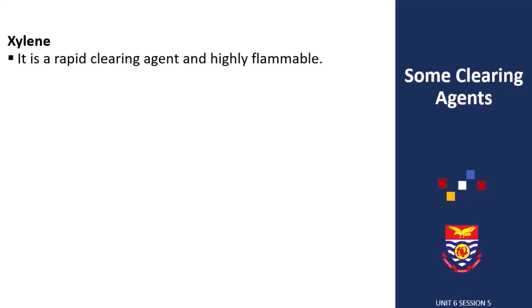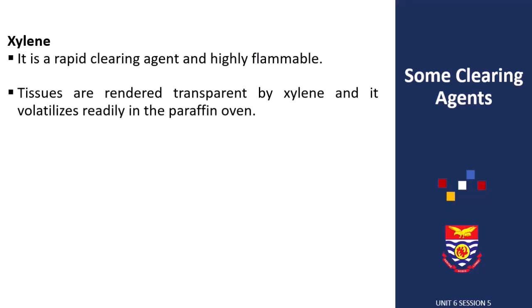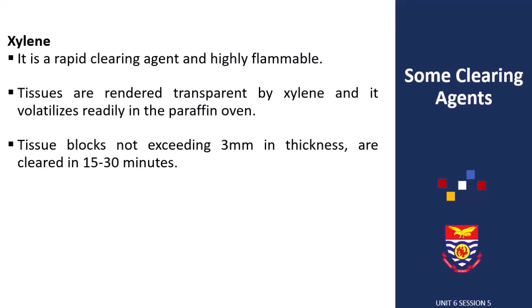Beginning with xylene, it is a rapid clearing agent and highly flammable, and it is able to render tissues transparent. Xylene volatilizes easily in the paraffin oven, and that is advantageous. Tissue blocks that do not exceed 3 millimeters in thickness are cleared within 15 to 30 minutes.